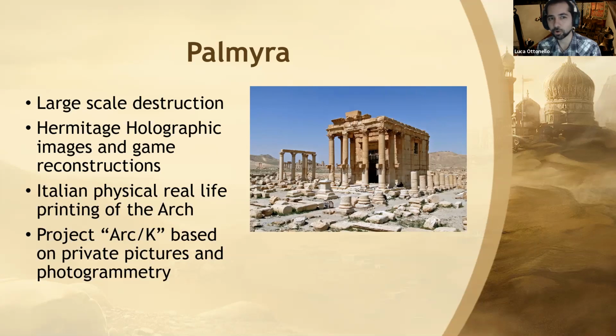So as you can see, the cost here was the major problem. When you have such a large-scale destruction, and you want to implement digital reconstructions, or digital reconstructions which then end up in a physical version, the costs are prohibitive, and most governments would give up on it.